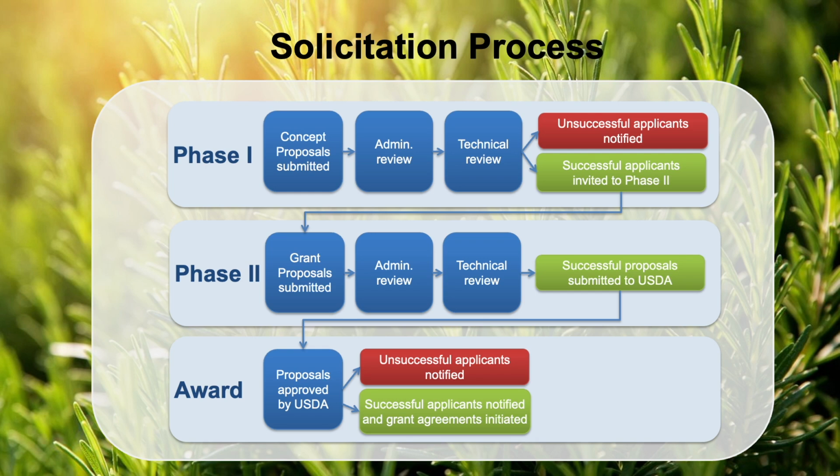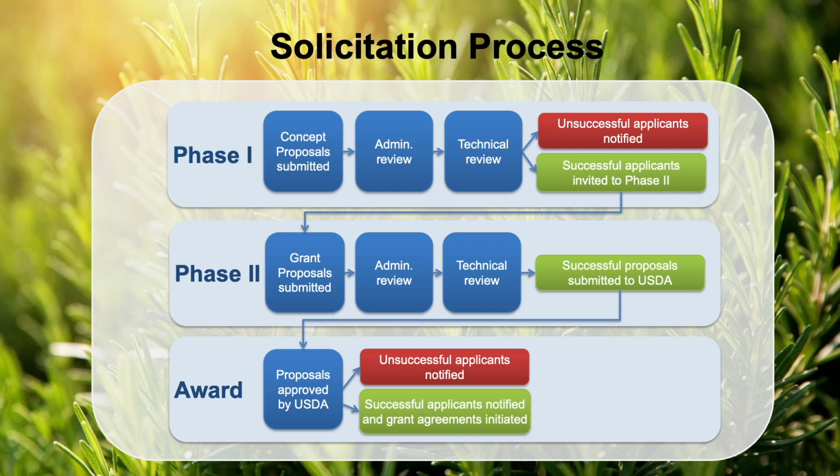In phase 2, applicants submit a grant proposal that contains a more detailed description of their projects. For applicants invited back, the feedback from the administrative and the technical reviews will be made available to assist in preparation of the grant proposal. For all other applicants, the feedback will be provided within 60 days of receiving notification.